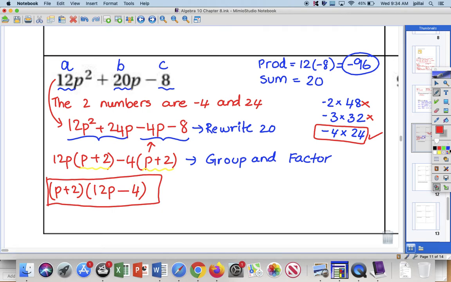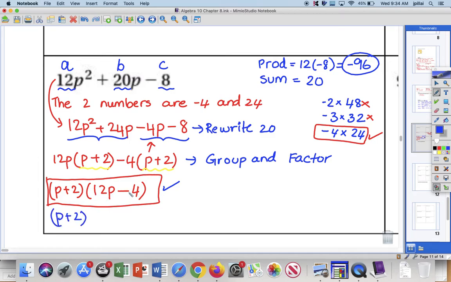But now, if you notice, this is an acceptable answer, but is it simplified? Well, it's not, because p plus 2, you see, that's all set. Whereas 12p minus 4, do you realize I could factor that? There is a common factor, and yes, the common factor is 4. So now we can write this as p plus 2.